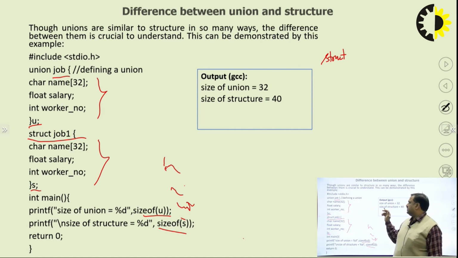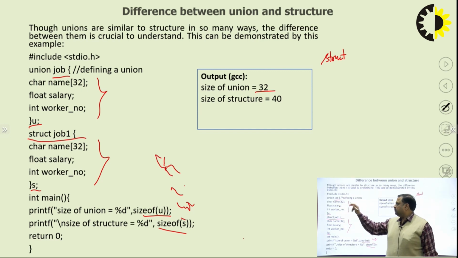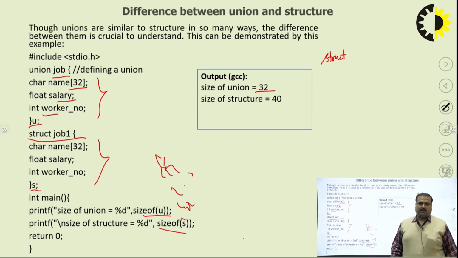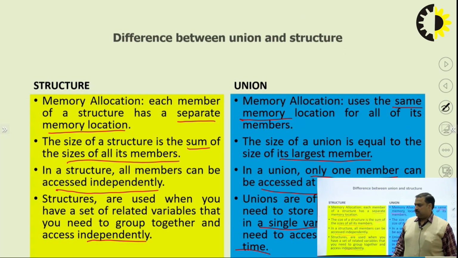So what is happening here? The size of the union is 32. We have a 32-byte character array member, a salary member of type float, and an integer worker number member, but the size we got is 32 only. The size of a union is equal to the size of its largest member.